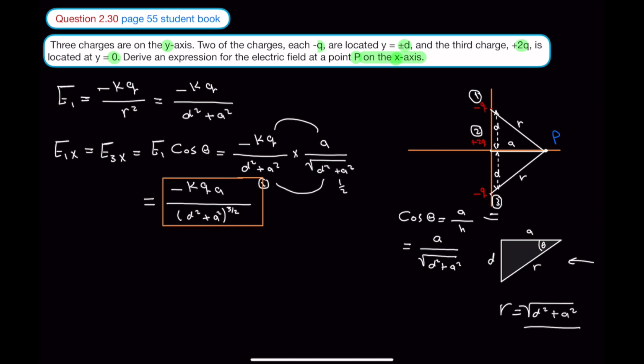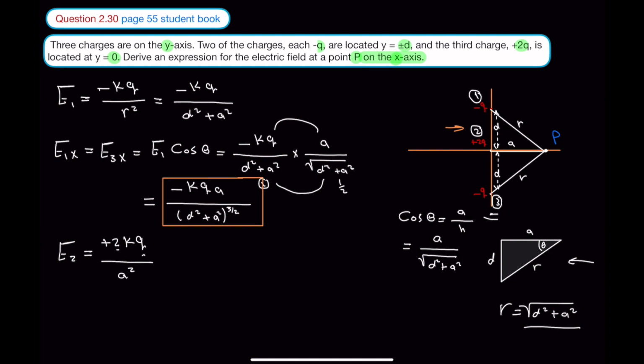Now let's get E2 for point 2. Here E2, which is already on x, equals plus 2kq, because we have 2q, which is the charge, over the square of the distance, which is a squared.